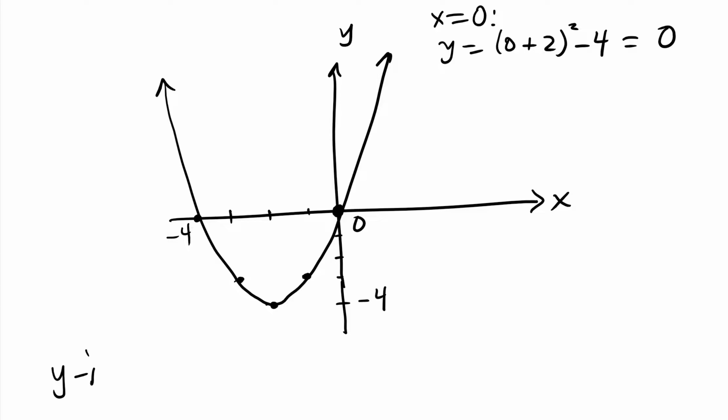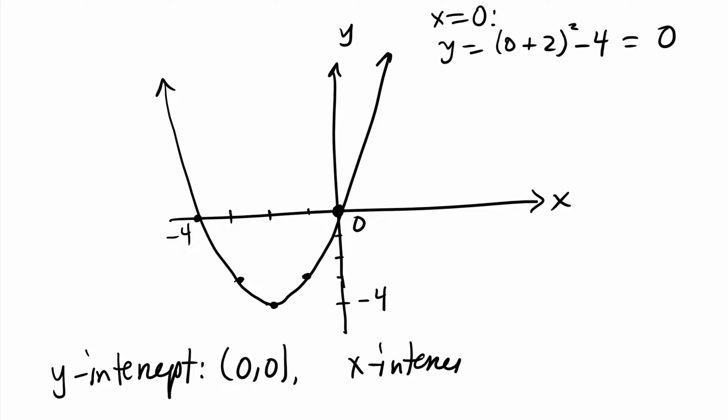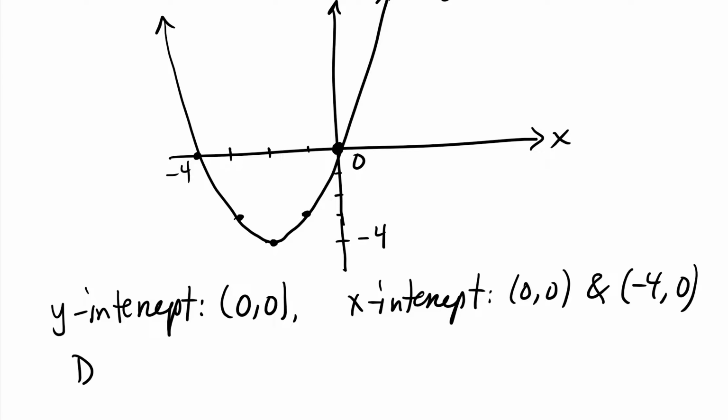For the y-intercept, 0, 0. For x-intercept, we have 0, 0 and also -4, 0. That's where the graph crosses the x-axis. For domain, what's the domain for this?